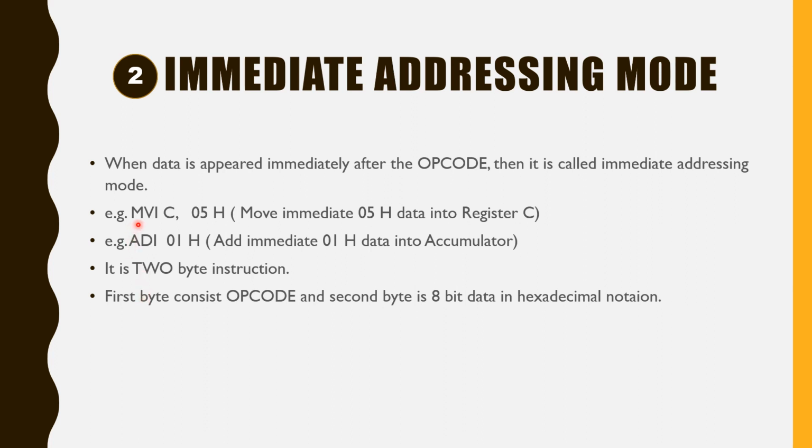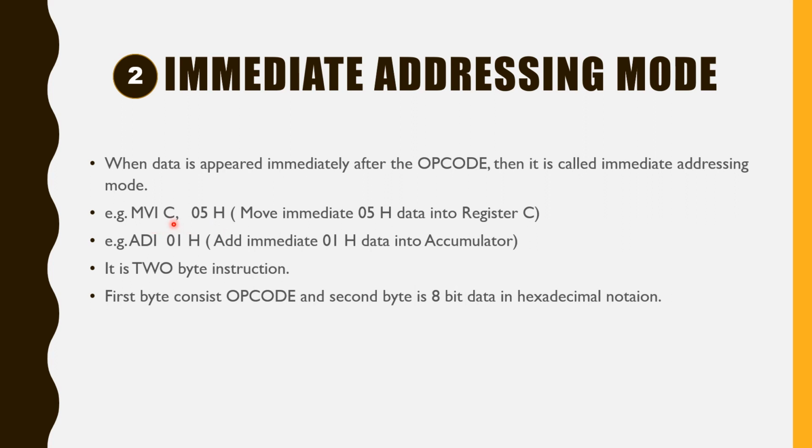Here they have given, for example, MVI C, 05H. MVI C 05 is the total instruction, but here MVI C is my opcode, that is the operation code, and 05 is 8-bit data. So after the opcode, data is immediately available, that's why it is called immediate addressing mode.